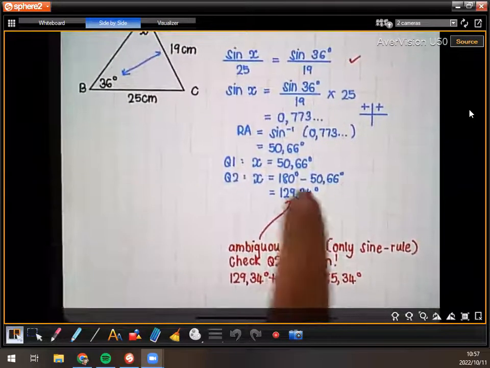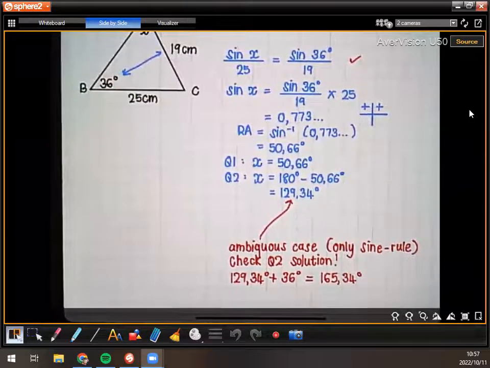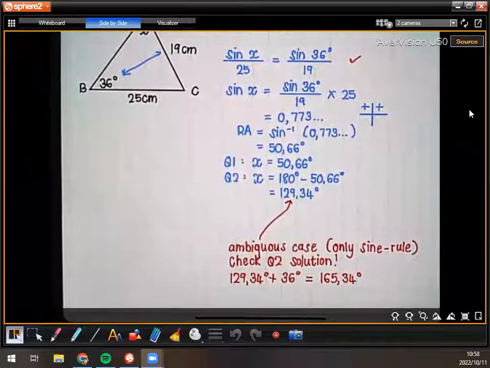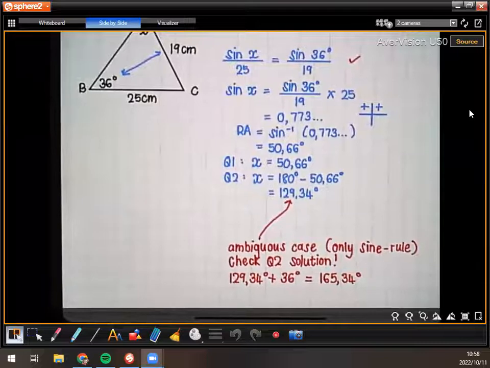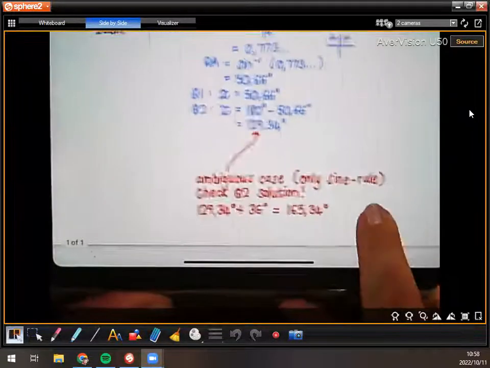If we add that angle to the angle that we already have in the triangle, and we get an answer that is bigger than 180, can the quadrant 2 angle be an answer? If I'm adding it to one other angle, I'm getting something that's bigger than 180. No, right? Because the three angles in a triangle have to add up to 180. You can't have two angles in a triangle and it's more than 180. Okay, so we are going to look at some more examples.